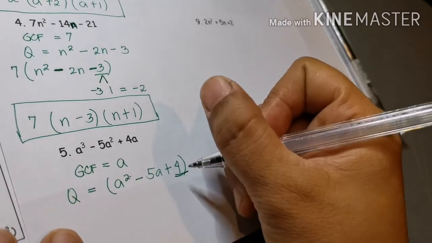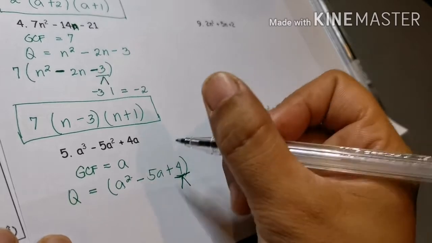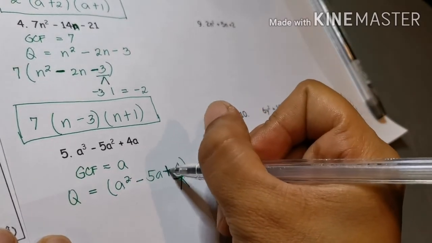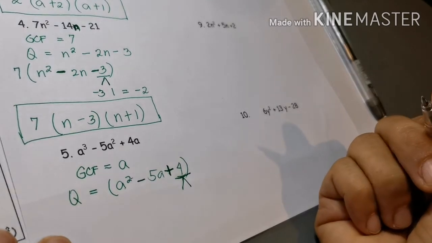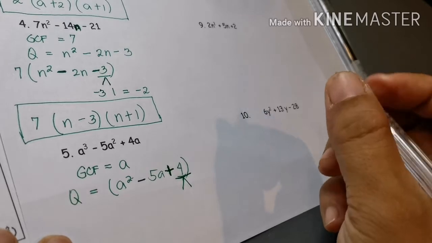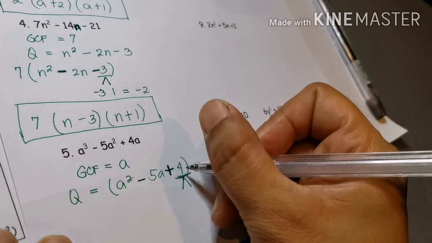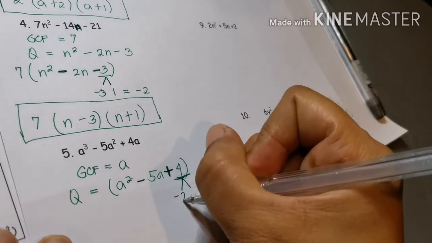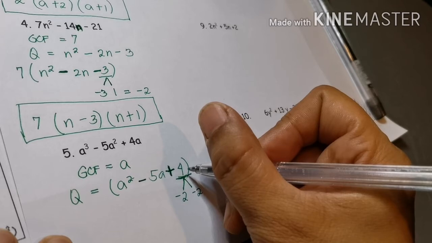So still we have to look for the factors of positive 4. This time, since this is minus and this is plus, then both of our factors are negative. So what are the negative factors of 4? Negative 2 and negative 2, because negative 2 times negative 2 is positive 4.